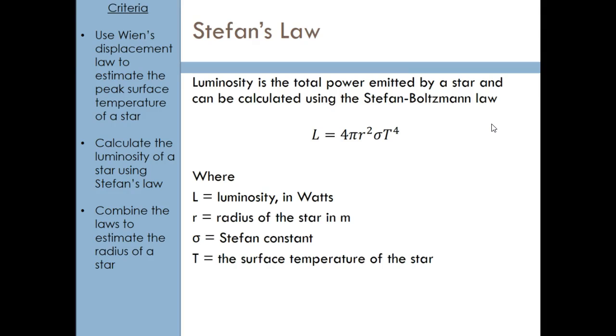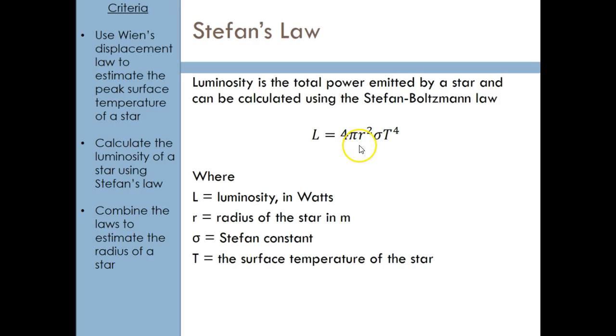But luminosity is something that we can measure, so we can figure out how much energy it's giving off. And with Wien's law, by looking at the type of light given off, we could figure out the temperature. So if I can measure the luminosity directly, I can calculate the temperature using Wien's law. This then gives me an equation that will let me figure out the radius of a star.